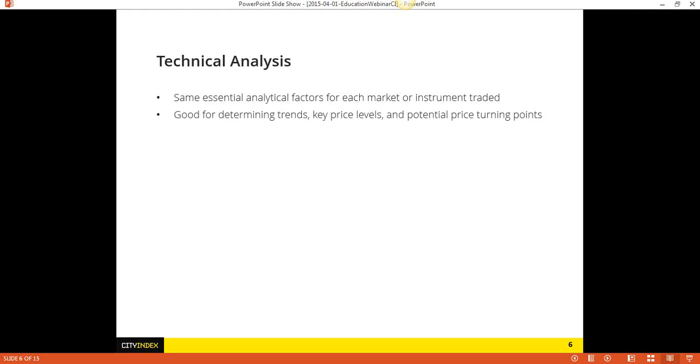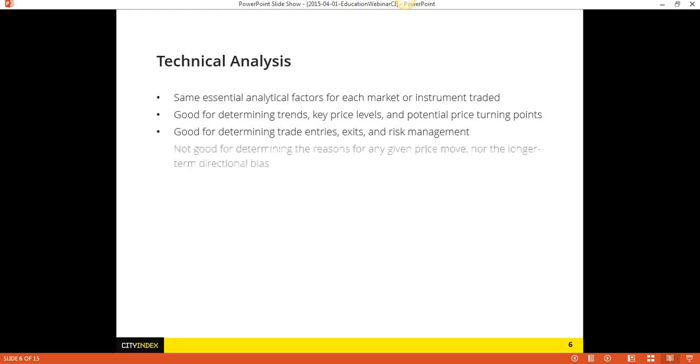Those key price levels, the support and resistance we always talk about, are extremely useful and important when you're trying to set your exits. So again, it's good for determining trade entries, exits, and risk management. And I put risk management under the umbrella of exits. Exits is not only getting out of a trade at a profit, it's also getting out of a trade to cut your losses, to manage your risk.